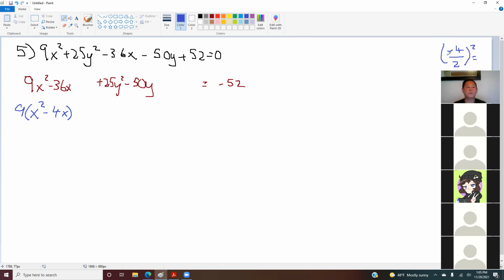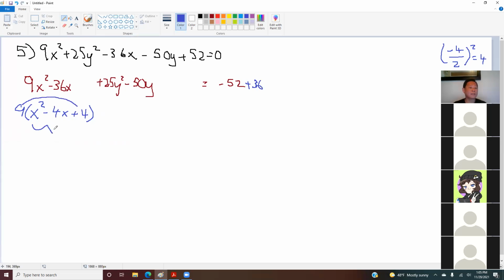So what is negative 4 divided by 2, squared? 4, right? So you add 4 here, but what do you need to add on the other side? 36. 9 times 4 is 36.